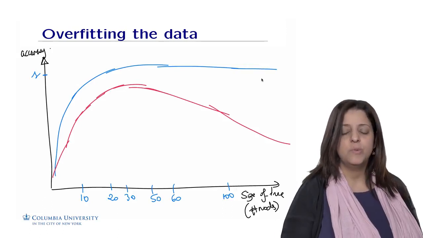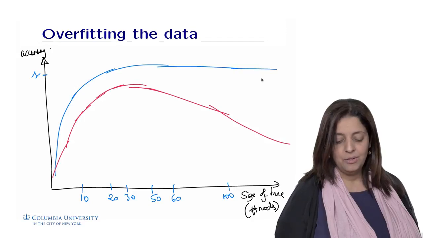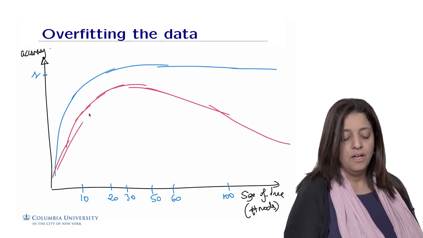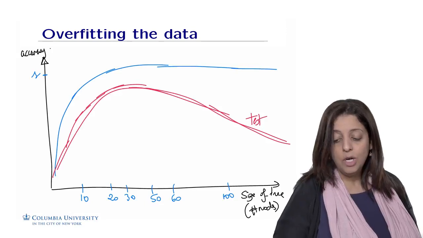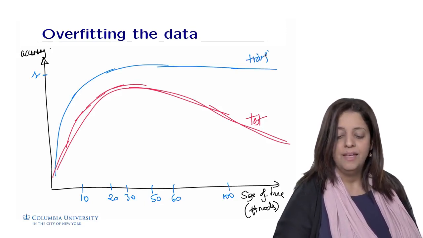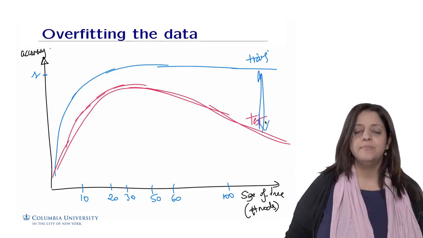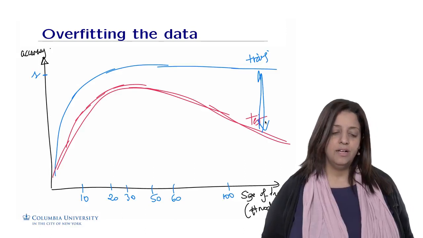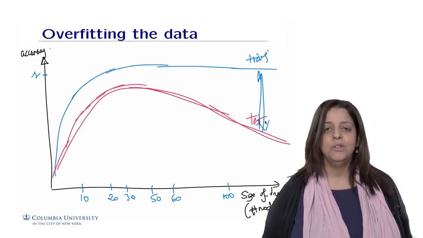So remember this very specific description of the tree that doesn't let any other tree go through. So your accuracy on the test set will be going down, so this is the test, while you observe that actually you are doing better and better on the training data. And here you could see that this gap in accuracy is simply due to the fact that your decision tree is really specific to the data that you have in your training set.